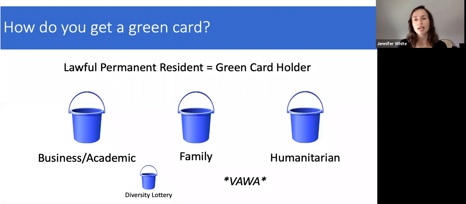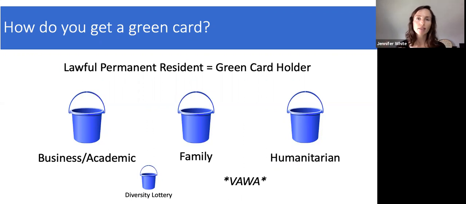So what I'm getting at is that a classic example of a VAWA case would allow that woman who is a spouse to a US citizen to petition on her own, a self-petition, pretty much based on the abuse she suffered by her US citizen husband.